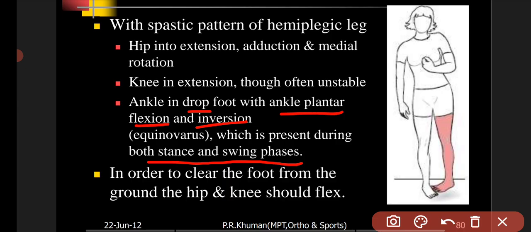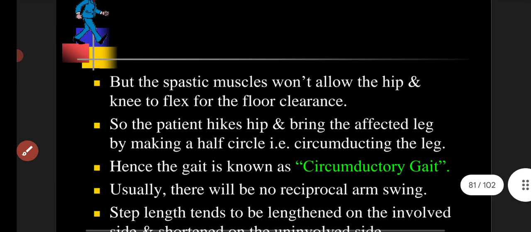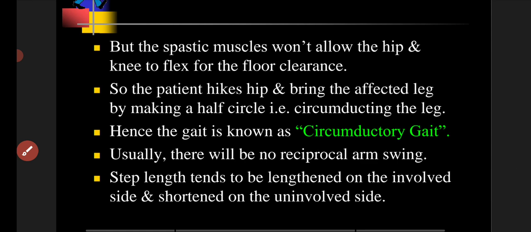In order to clear the foot from the ground, the hip and knee should flex. But the spastic muscle won't allow the hip and knee to flex for ground clearance.